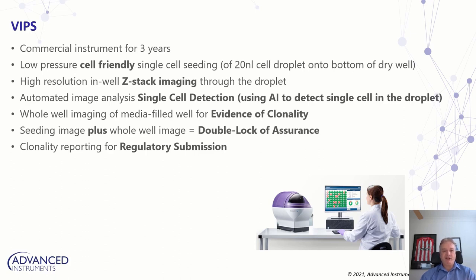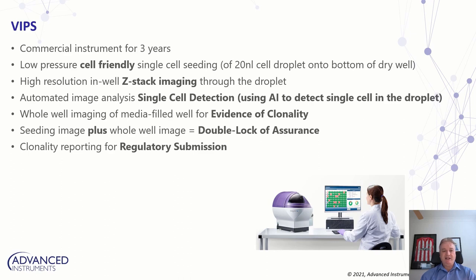Once we've got that single cell confirmed, we have a separate nozzle that fills the well with a predefined volume of media, usually about 100 microliters for an iPSC, and then we let that cell settle, and then we use that whole well image for evidence of clonality.